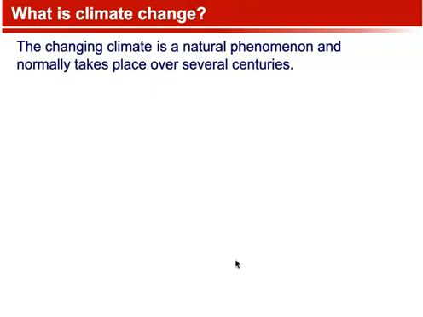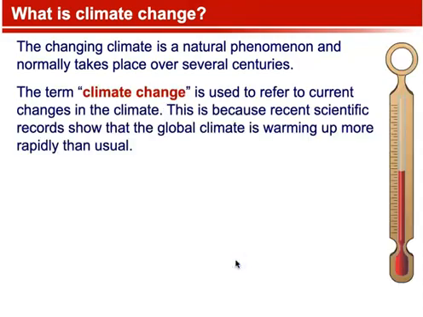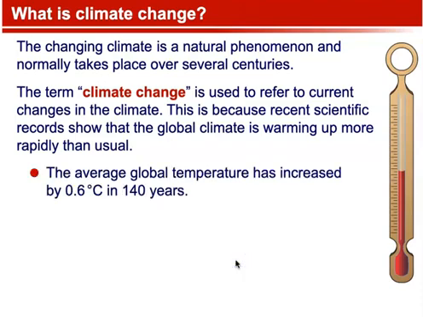What is climate change? The changing climate is a natural phenomenon and normally takes place over several centuries. The term climate change is used to refer to current changes in the climate. This is because recent scientific records show that the global climate is warming up more rapidly than it used to.